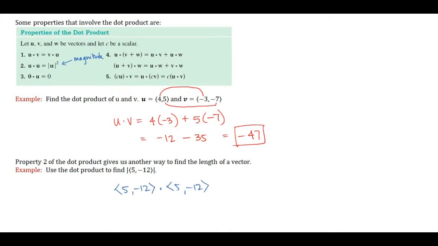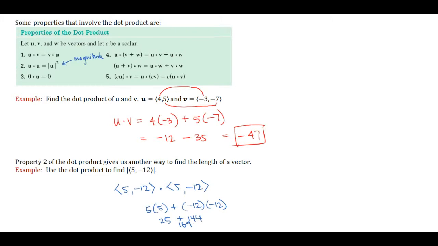Here's why. 5 times 5 is 5 squared, so we'd have 5 times 5 plus -12 times -12. In essence, you're really just squaring each one, and you're getting 25 plus 144, which would be 169.